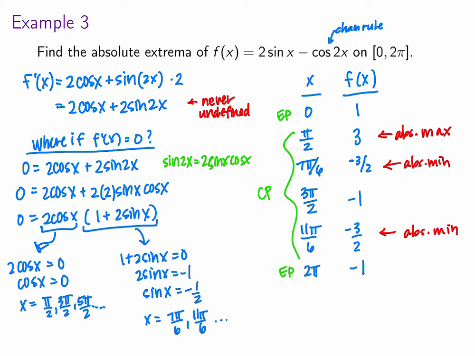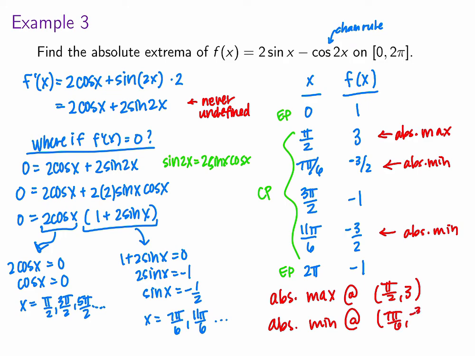Okay, so now we'll just sum this up. Absolute max is at pi over 2, comma 3. Our absolute min is at 7 pi over 6, comma negative 3 halves, and 11 pi over 6, comma negative 3 halves.